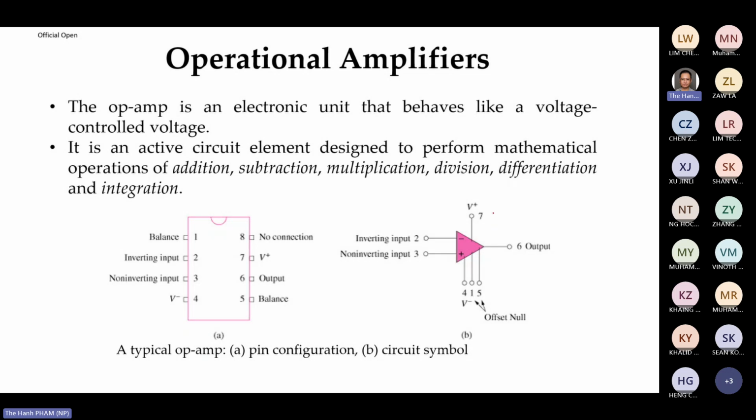In a passive circuit, you cannot amplify the signal. How can the op-amp amplify the signal? It is because the op-amp is powered by external voltages, V plus and V minus, or sometimes you see VCC and minus VCC. These external voltage sources help the op-amp amplify the signal.